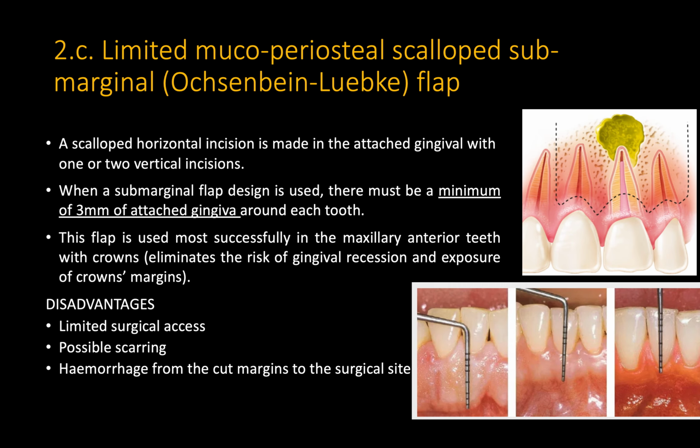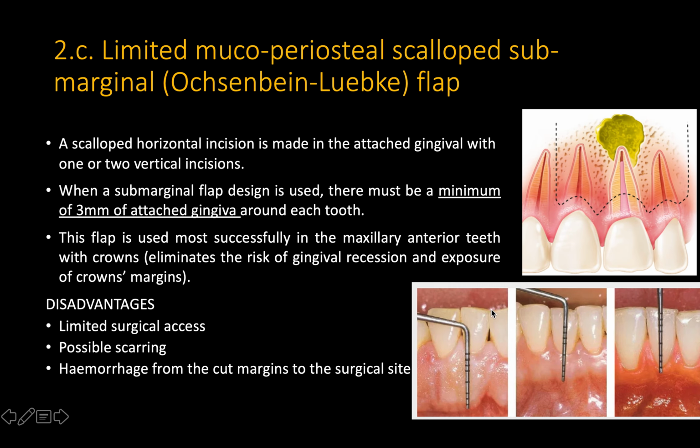healing after the surgery. Now, the disadvantages of this flap: it will provide limited access in comparison with the full mucoperiosteal flap, and of course you will end up with scarring, but it won't be very visible if you do a scalloped horizontal incision.